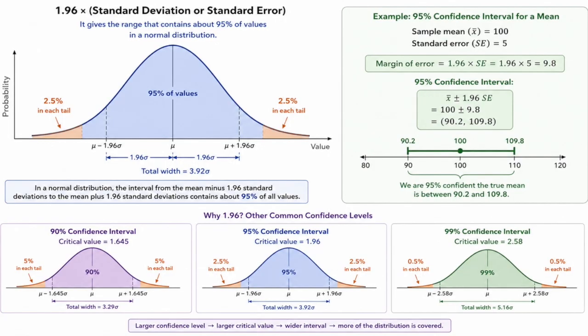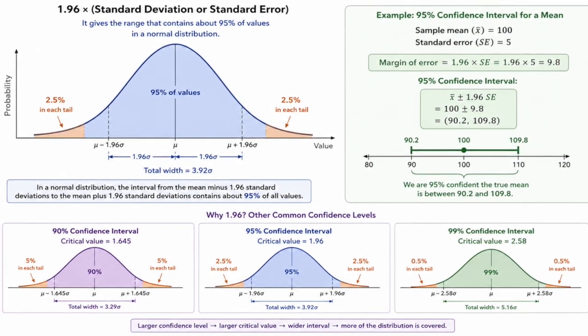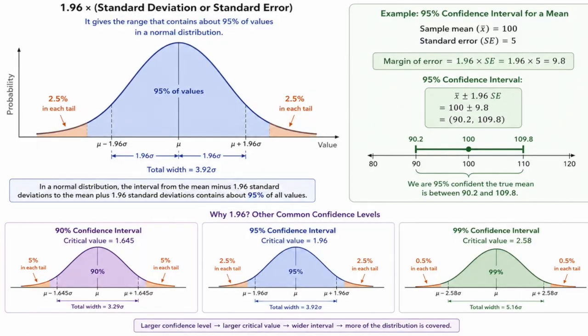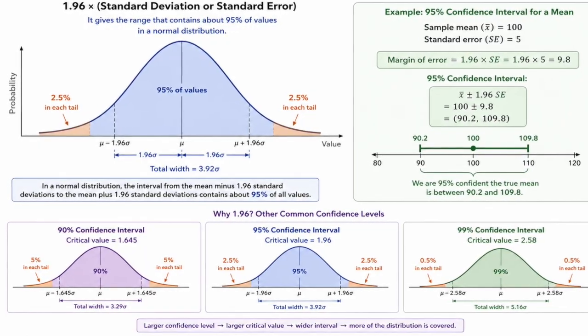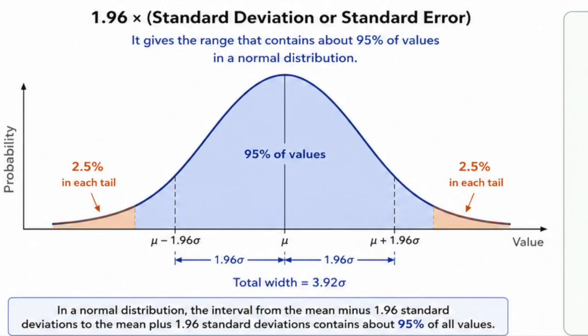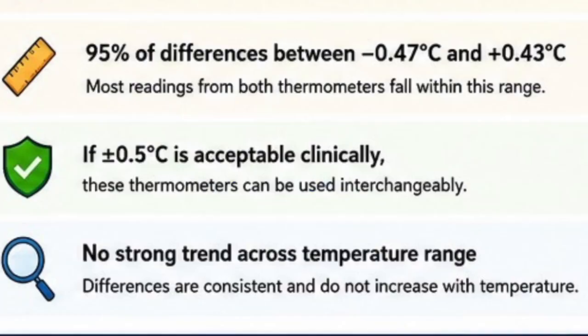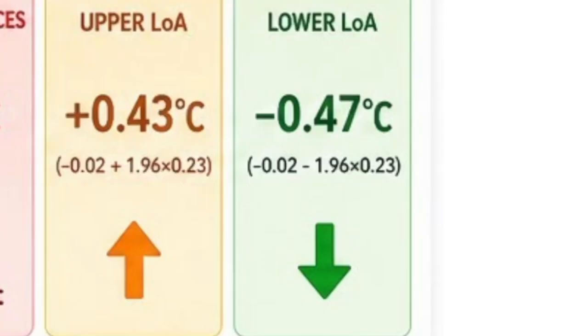What this whole mean difference plus or minus 1.96 times the standard deviation is doing is representing the range within which 95% of differences between the two methods are expected to fall. So you have a grasp of the range where, if you were to repeat the test 100 times, 95% of the results would be.